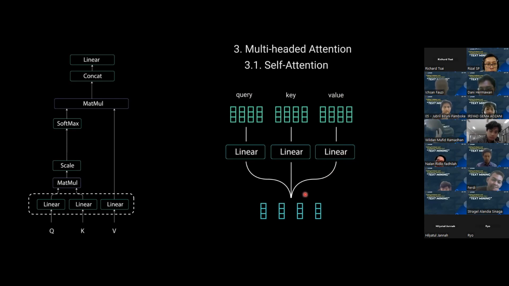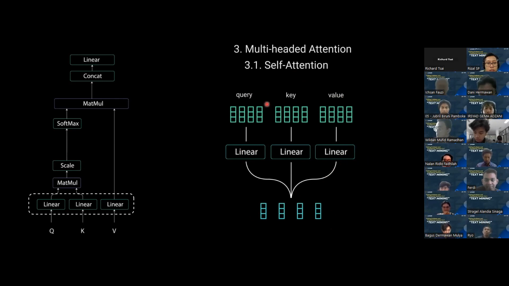In this case, each of the 4 words is transformed into its own set of query, key, and value vectors. So we can see that these 4 words correspond to these 4 queries, these 4 keys, and these 4 values respectively.